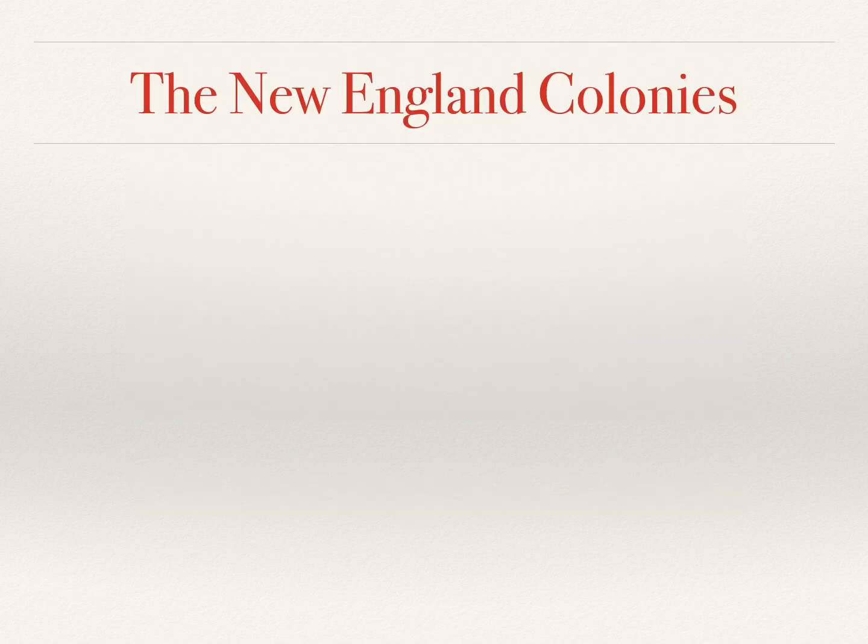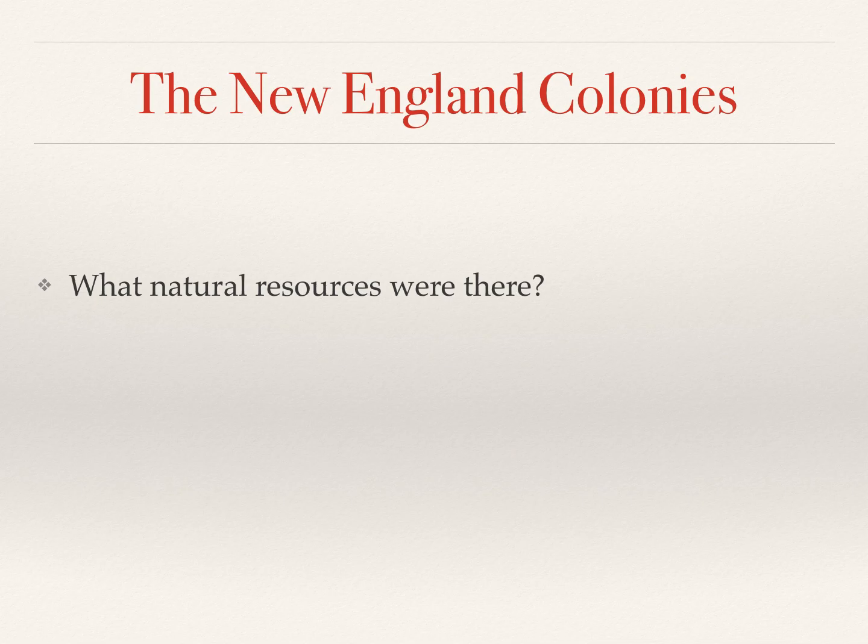So we're going to break down each colony one by one, starting with the New England colonies. The New England colonies had several natural resources that set them apart. First of all, they had a large amount of lumber, they had fish, and they had deep harbors. When you think about lumber, fish, deep harbors, you're going to think a lot about shipping. Shipping is going to be a very big economic activity in New England.